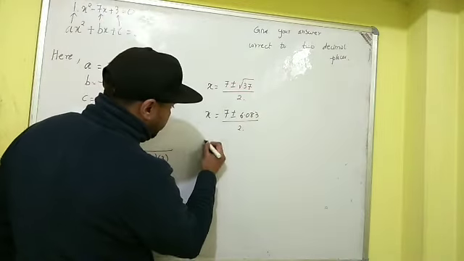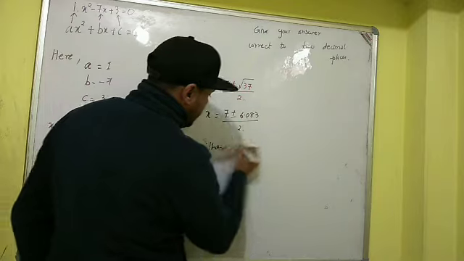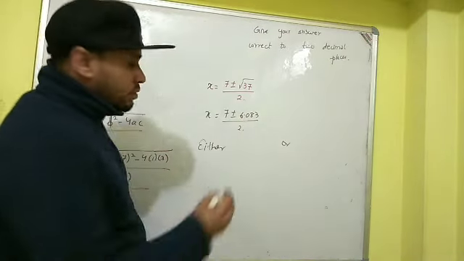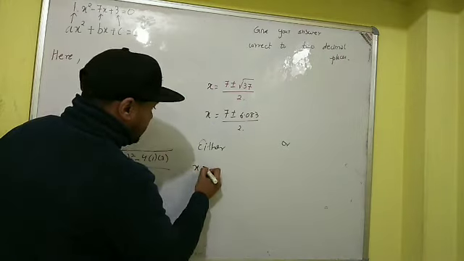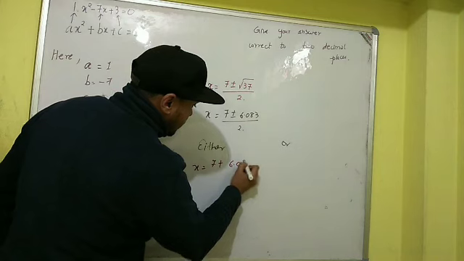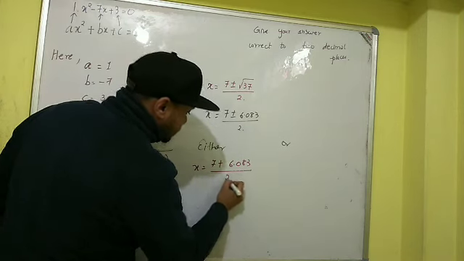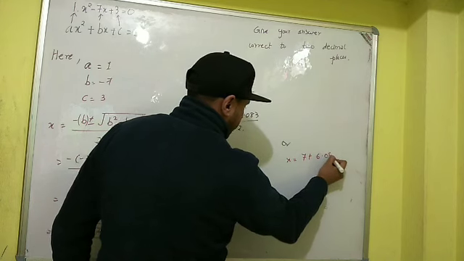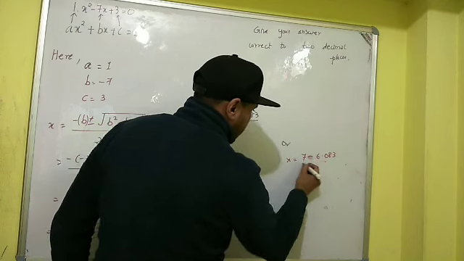Now after this, either or, either and or. So what we do now, x is equal to, first we take the positive value, 7 plus 6.083. Now is the important thing, please. This is minus.